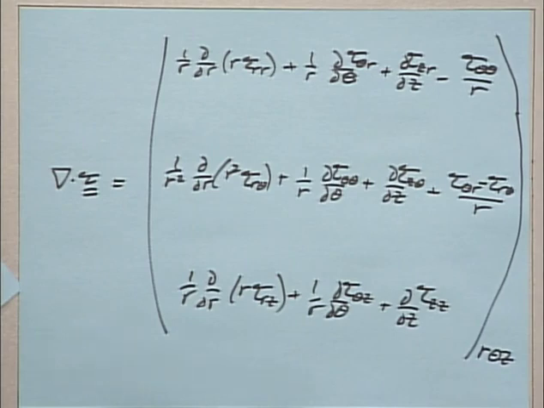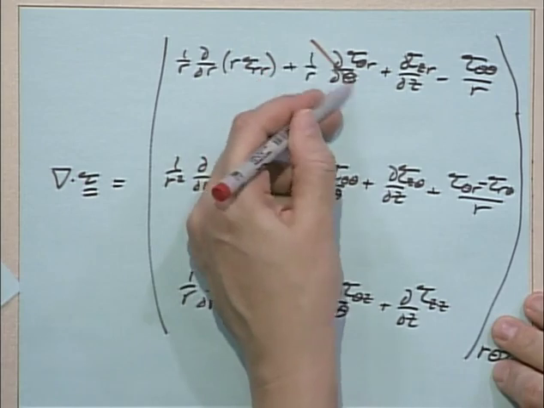Now, can you suggest any of these terms that I can get rid of? All the d by d thetas, correct? Thank you.